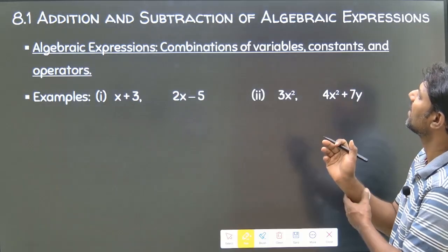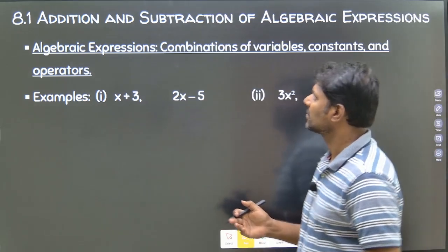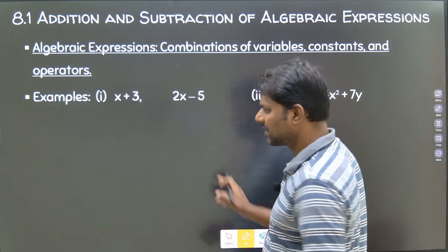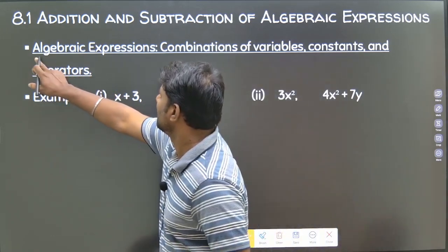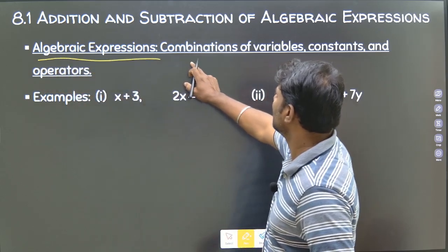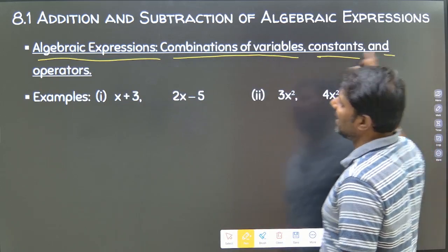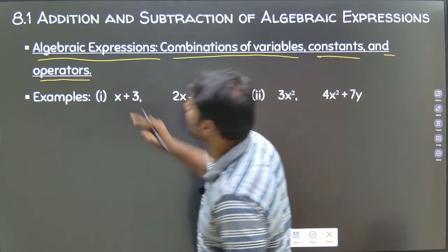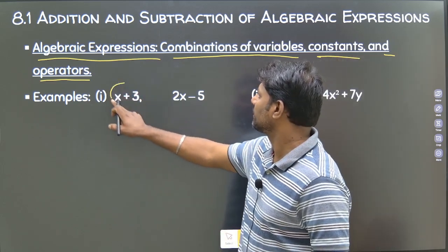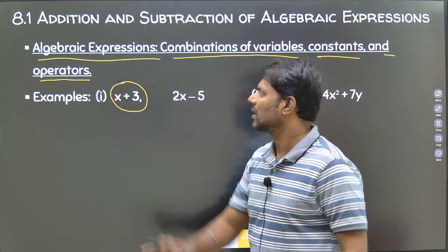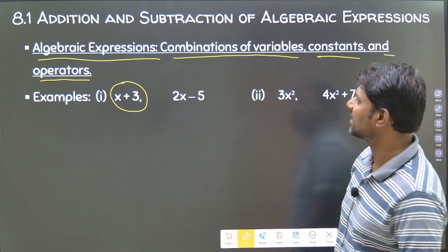Next, so once again we will see some examples of algebraic expressions. Algebraic expressions are the combination of variables, constants, and operators. So here are the examples. So this is one algebraic expression, x plus 3.